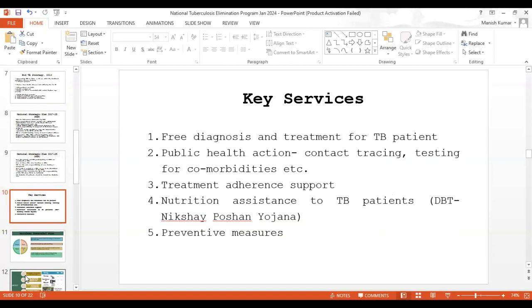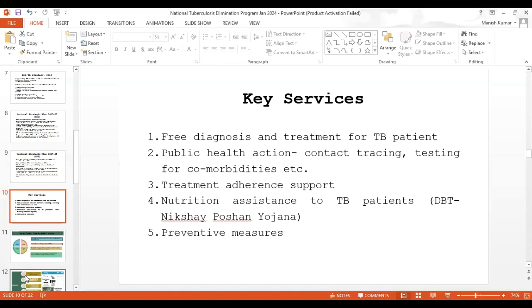Then testing for comorbidities, because these patients are mostly immunocompromised. At times the patient has gone for HIV testing and you come to know they have TB, and at times it happens vice versa: TB patients are identified as HIV patients. Similarly, TB patients are often found to have diabetes mellitus, or a patient with diabetes is found to be suffering from TB also.